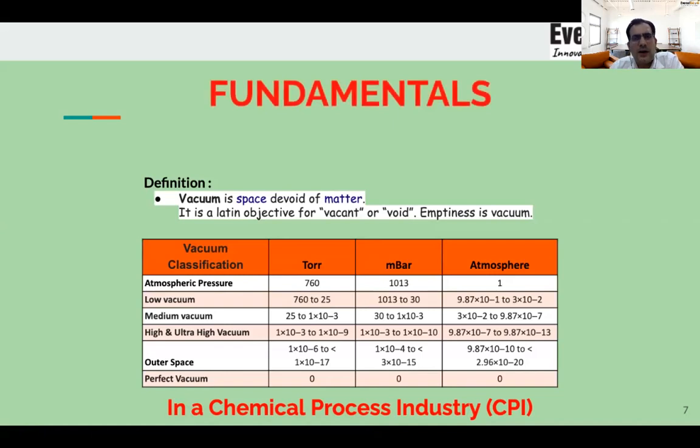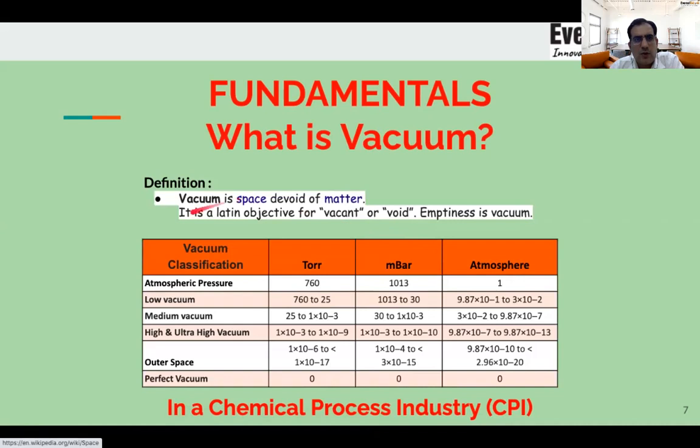Now coming to the fundamentals of what is vacuum. So vacuum, as you all know, is space devoid of matter. It is a Latin adjective for vacant or void. Emptiness is vacuum. And then we have various classifications of vacuum. So you have atmospheric pressure, then low vacuum, then medium vacuum.